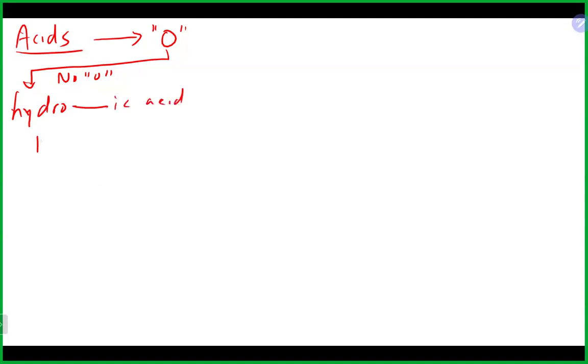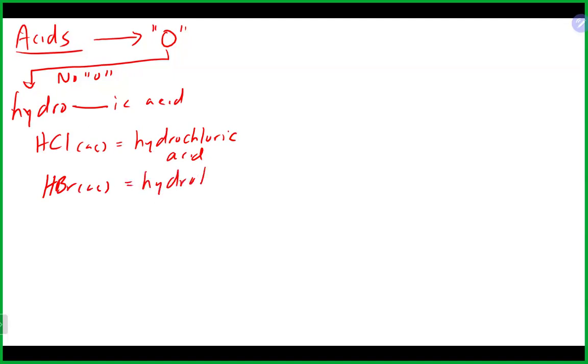So HCl is hydrochloric acid. HBr, which obviously does not have oxygen, is hydrobromic acid.